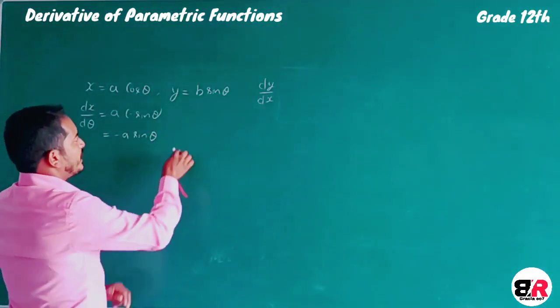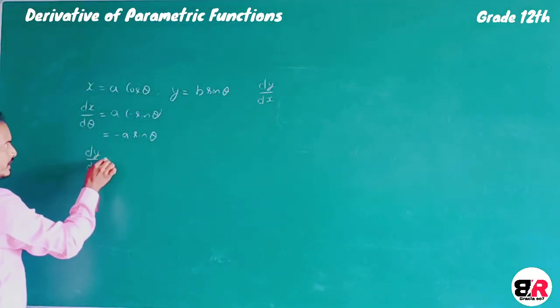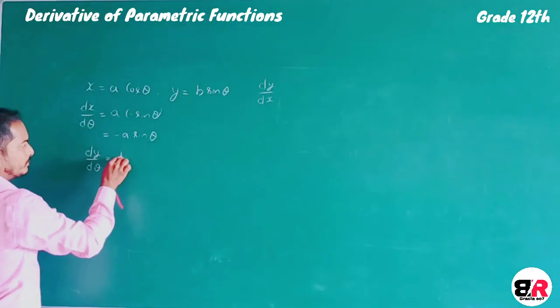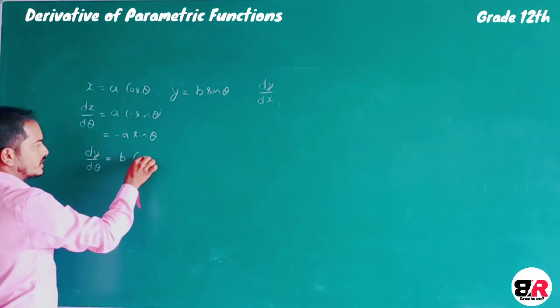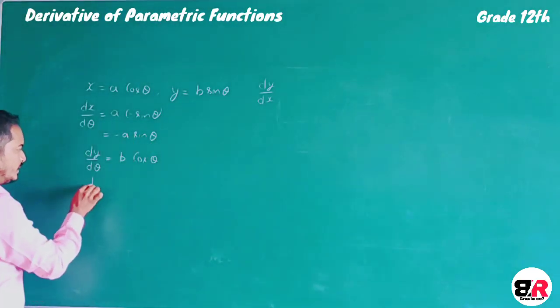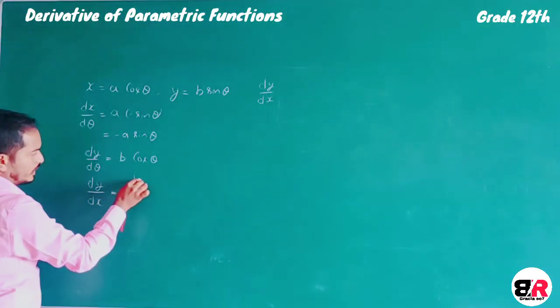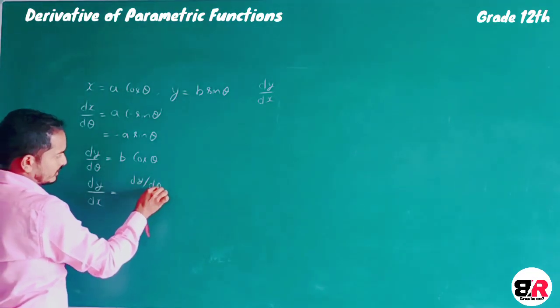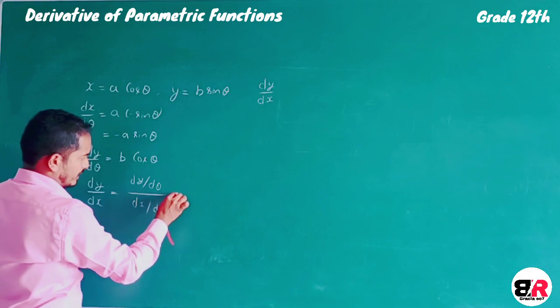Now try to find dy by d theta here. Dy by d theta, b is constant, b into sin theta, differentiation of sin theta is cos theta. Now if we are finding dy by dx, then it will be dy by d theta upon dx by d theta. Clear?